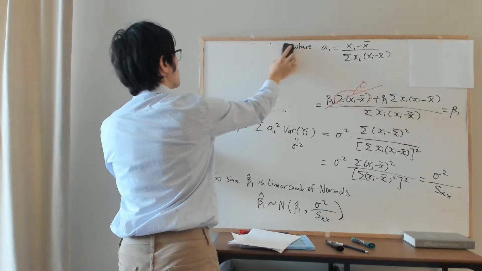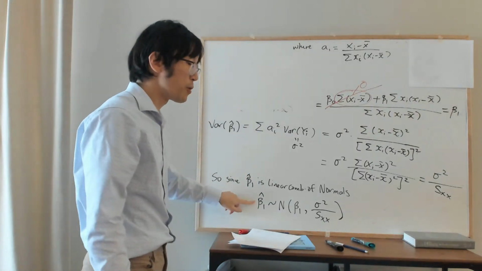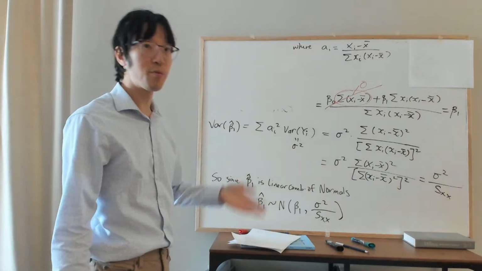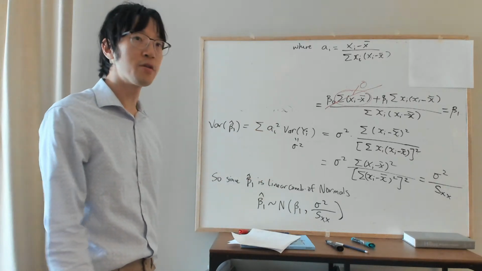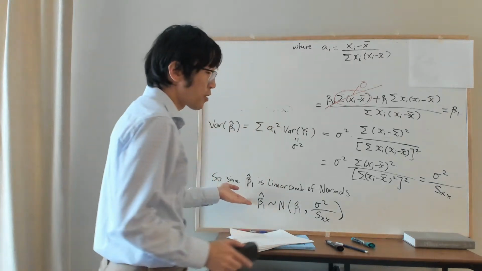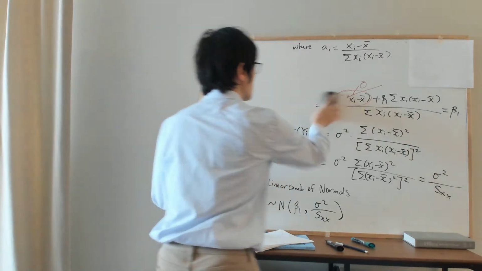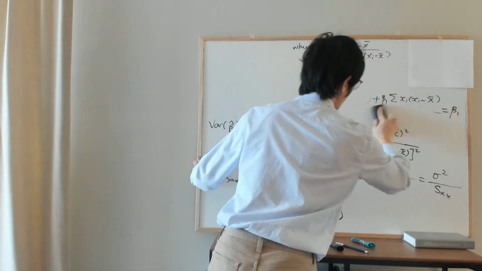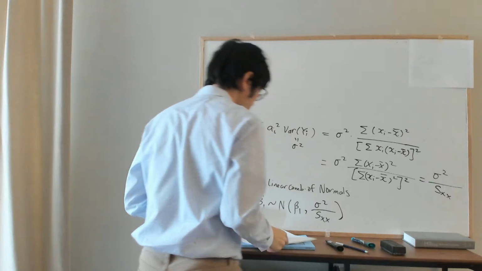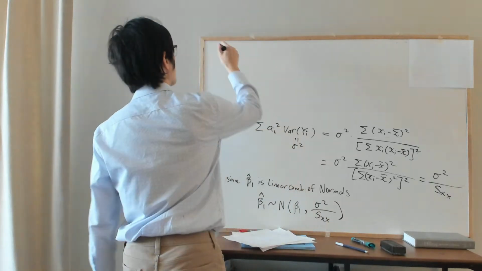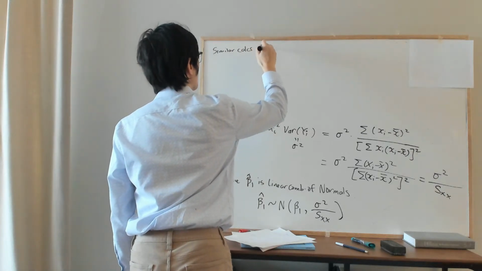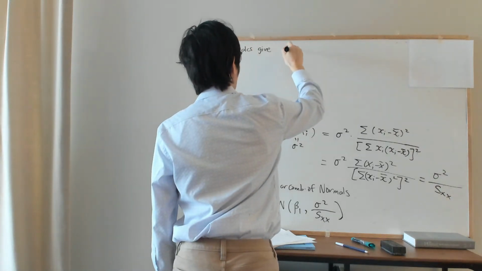The reason we did the calculation for beta 1 hat first is that it refers to our slope, and the slope parameter is what's going to help us determine whether there's a significant linear relationship between x and y. But you can also imagine doing a similar calculation for beta 0, so I'll give you that result, but we won't go through the details. Similar calculations give the distribution for beta 0 hat.